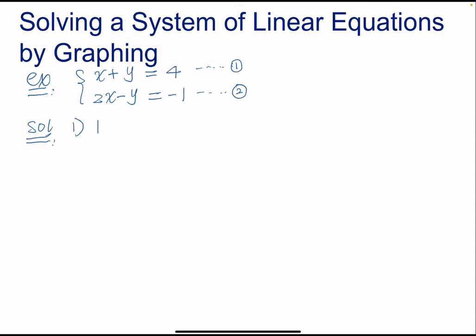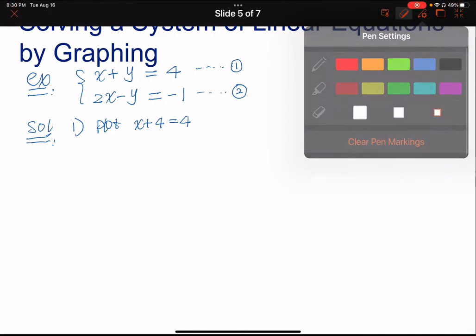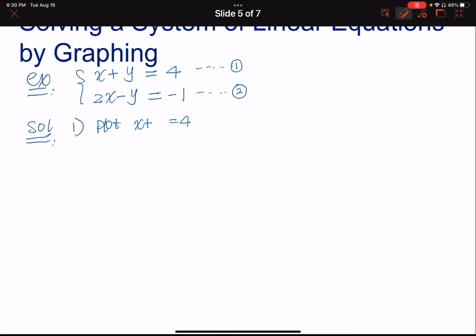I will do the first one first. I'm going to plot x plus y equals 4. That's my first step.